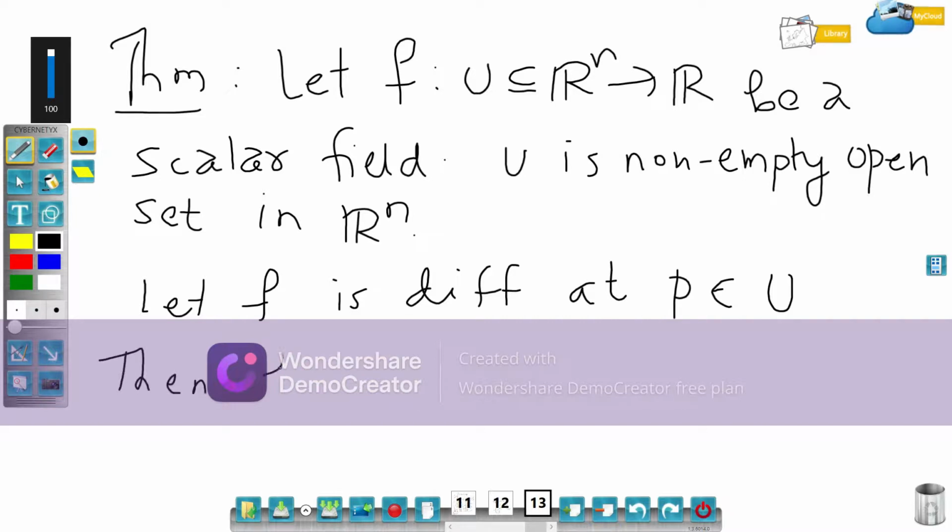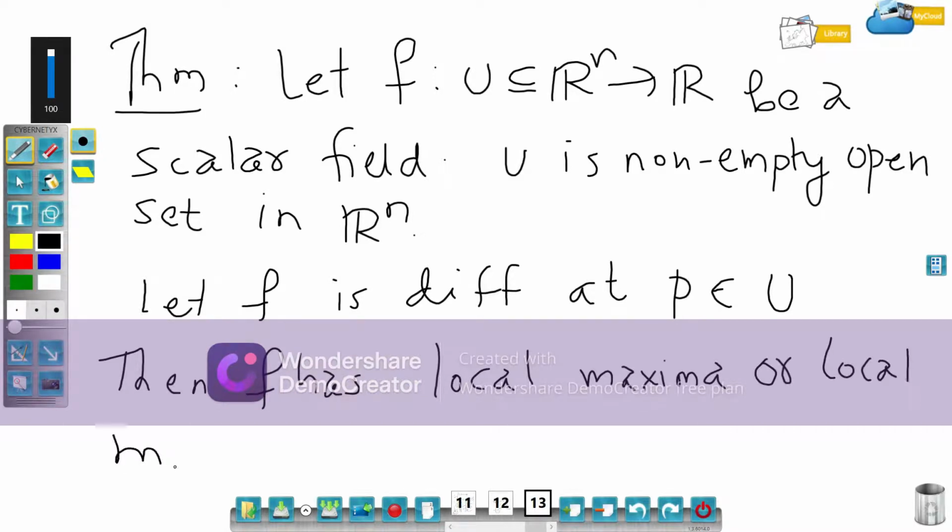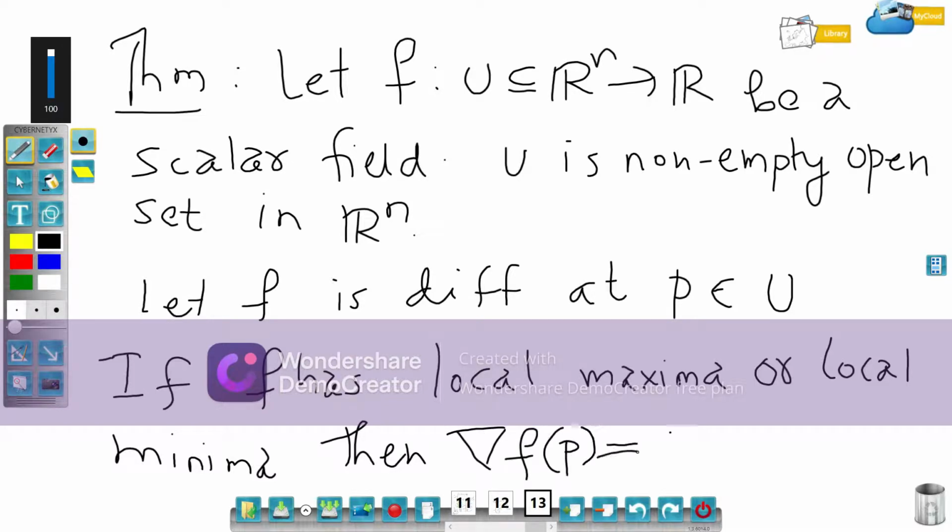Then if f has a local maxima or local minima, then the gradient of f at p must be 0.